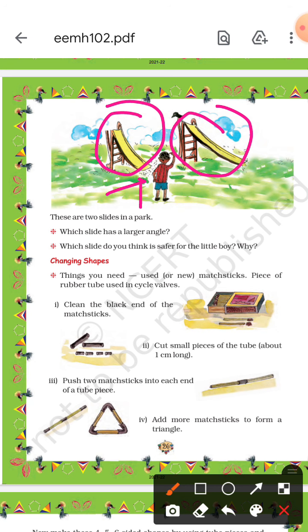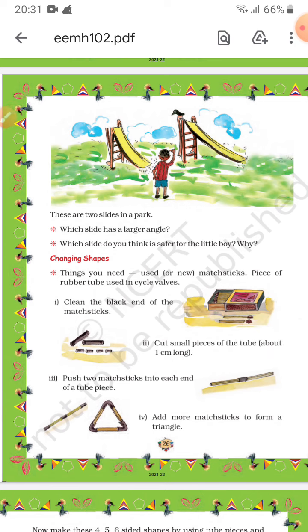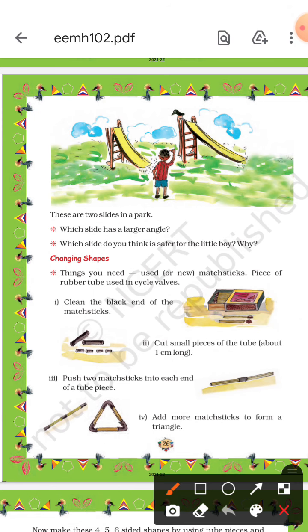Now the next question is, which slide do you think is safer for the little boy and why? So if you look at the right side, the slide here I think is safer for the boy, because the slide on the left of the boy is steeper than the other.